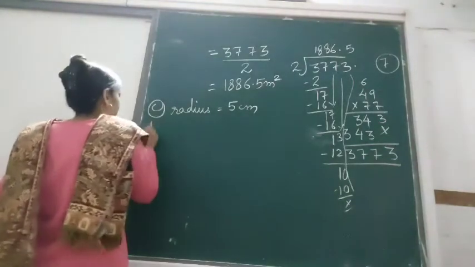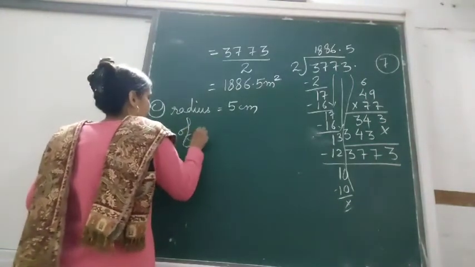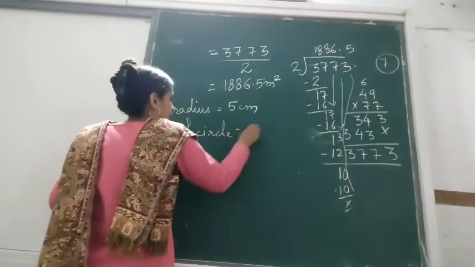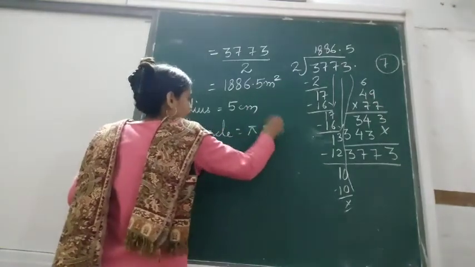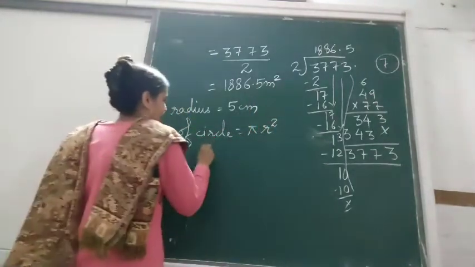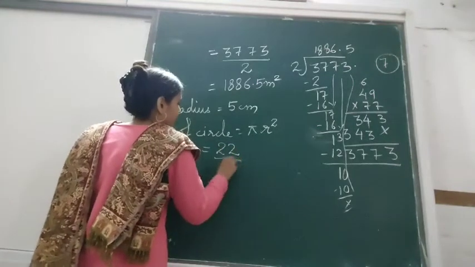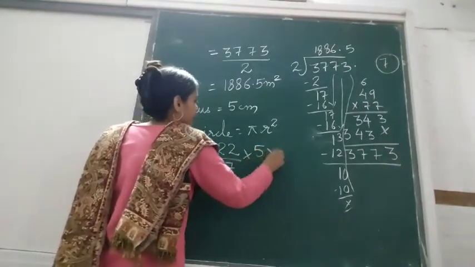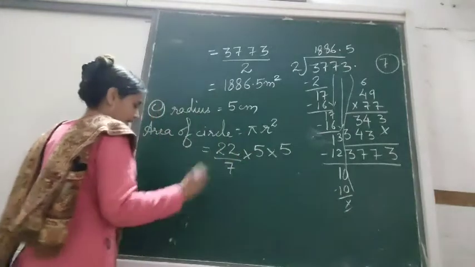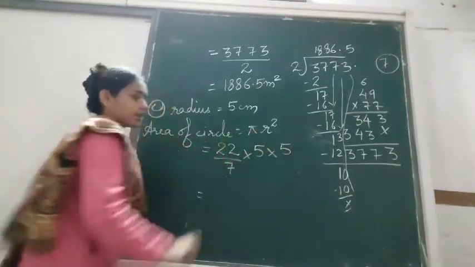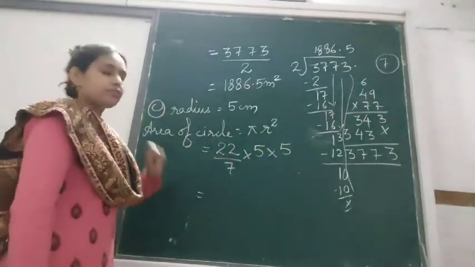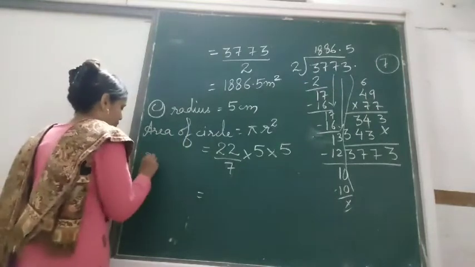So the area of the circle is given by pi r square, where pi is 22 by 7 and 5 into 5. Nothing will get cancelled. 5 5s becomes 25. 25 we multiply by 22.